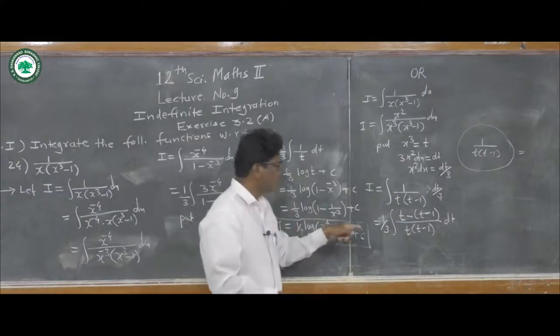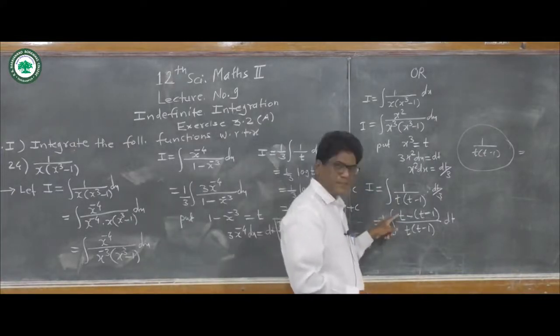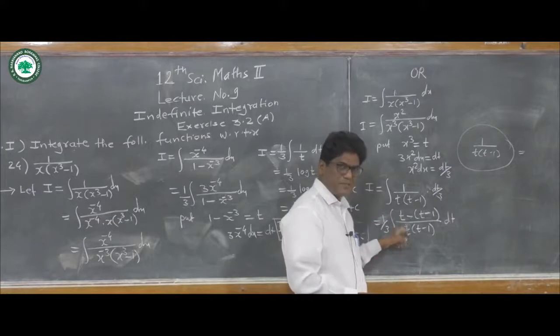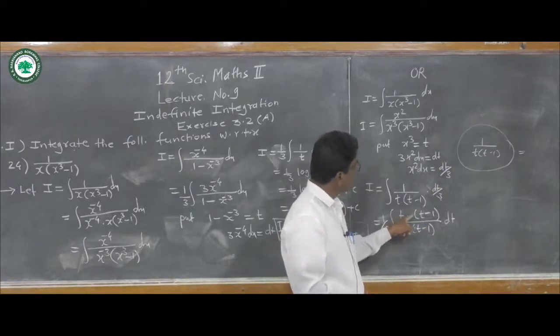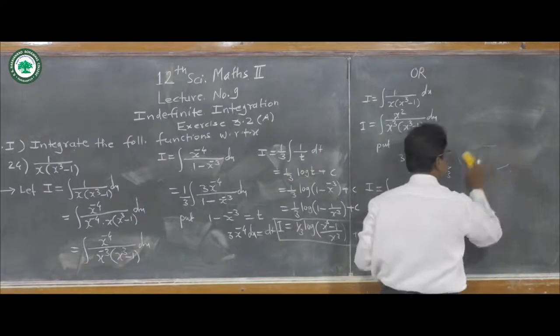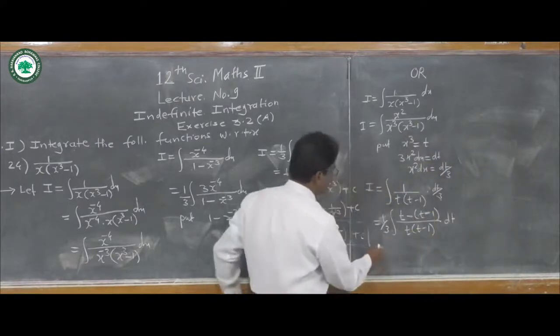But here we only take the arrangement of these two terms by trial and error method, so we take here this t minus 1, so that t minus t gets cancelled and minus plus 1. And now take the separate division.